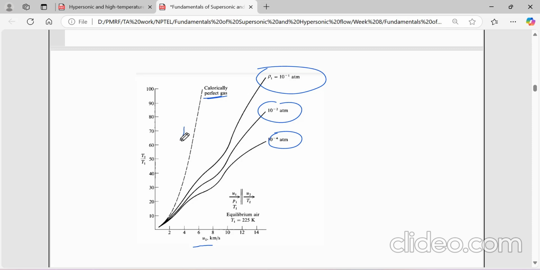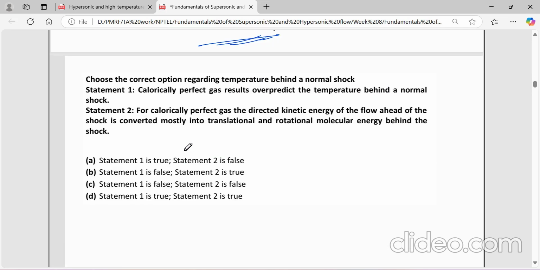If we take one velocity and check for real gas, the temperature we are getting is very low compared to what we are getting in calorically perfect gas. So we can see that the calorically perfect gas over-predicts the temperature behind a normal shock. So this statement 1 is true.